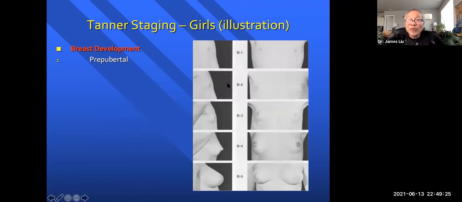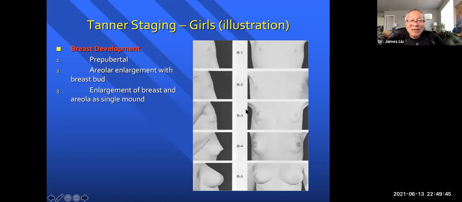So in prepubertal, you just see essentially a small areola and nipple, really very little, if any, breast tissue. There is in stage 2 a budding you can see on lateral view with some enlargement of the areola, and in stage 3 enlargement of the breast further with a single mound.